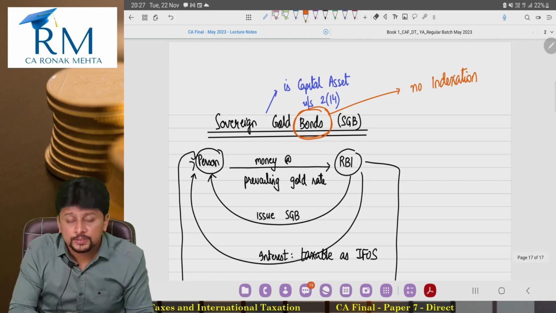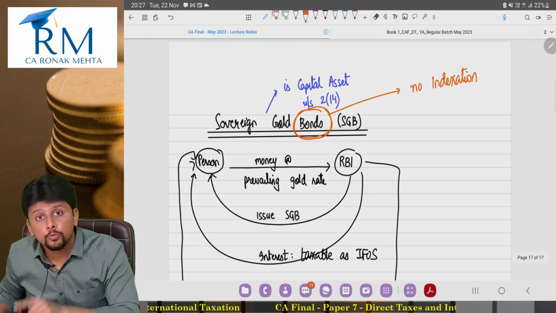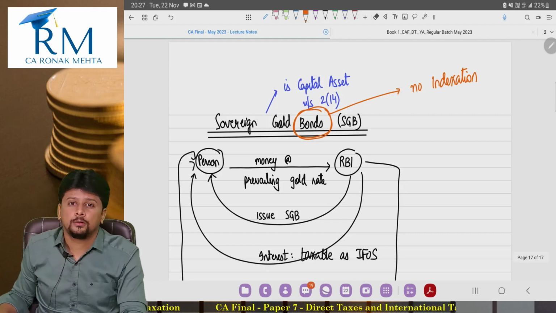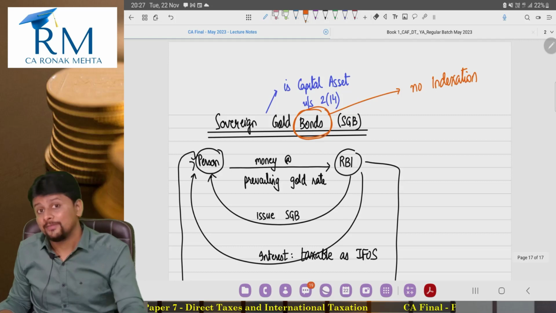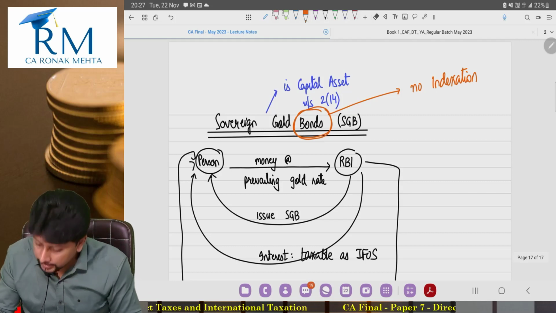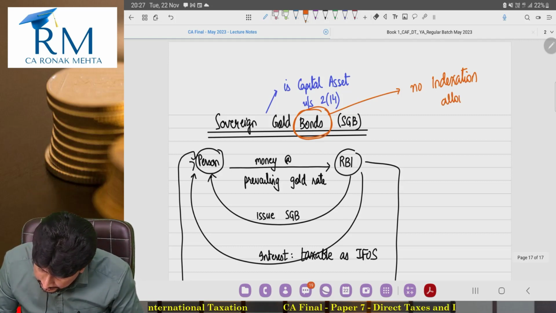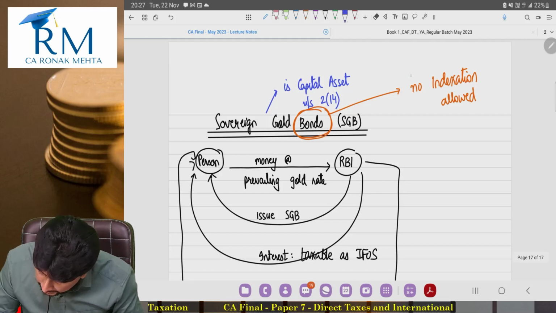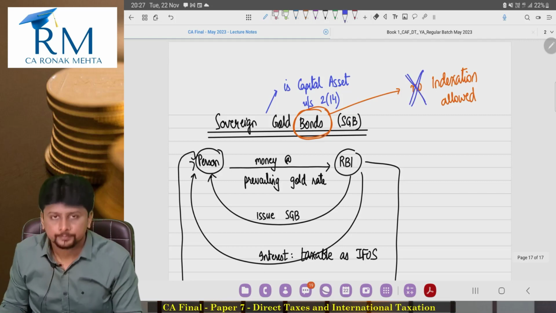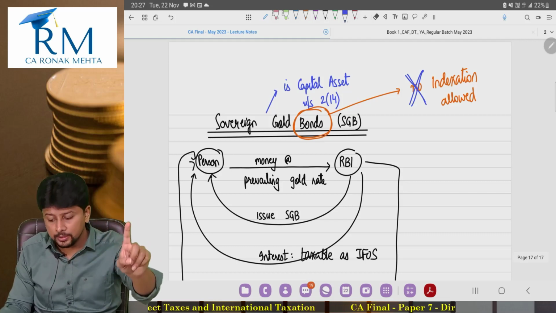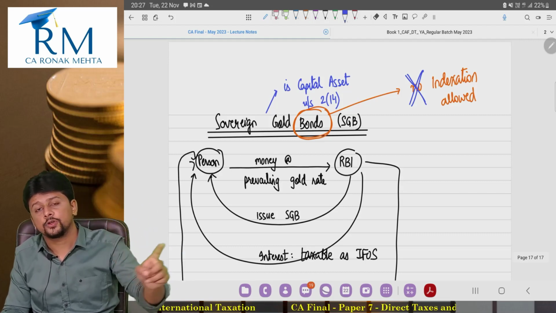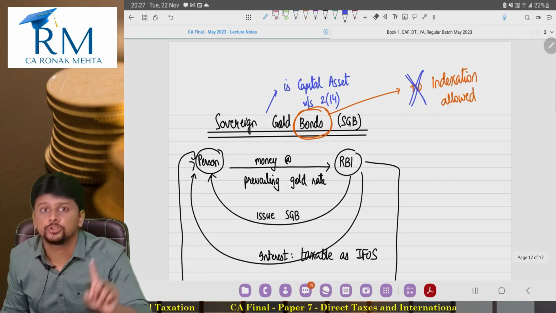Government wants sovereign gold bonds to be a substitute to physical gold. So government is saying, okay, if it's a substitute to physical gold, then indexation will be allowed. Don't worry. Like you would have got indexation in case of physical gold, you will get indexation for sovereign gold bonds also.